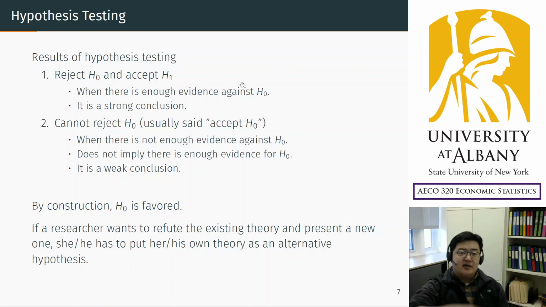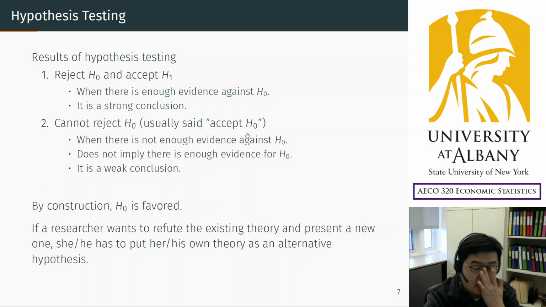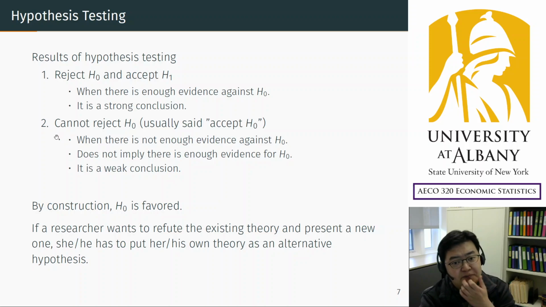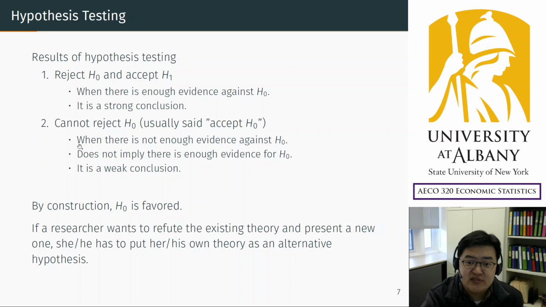But on the other side, if you say the null hypothesis is correct, then we call this "cannot reject." Usually textbooks label this as "accept H0." It is also correct, but I would like to say "cannot reject" because it is more appropriate in the sense that even if there is no evidence, either way, I still have to accept it.